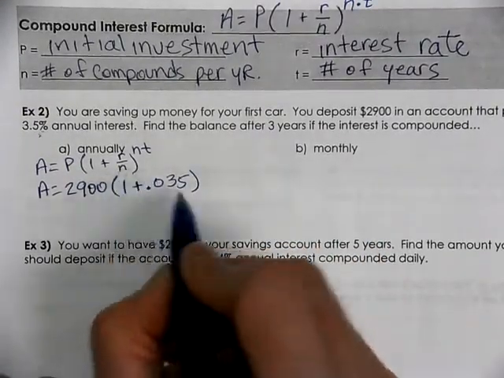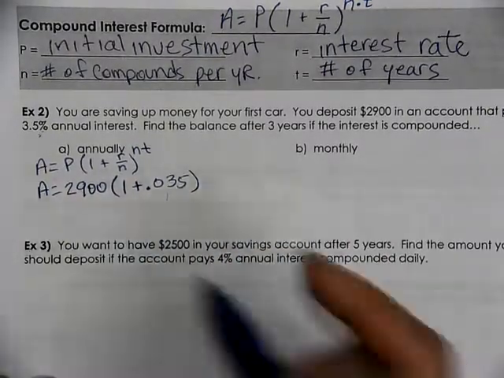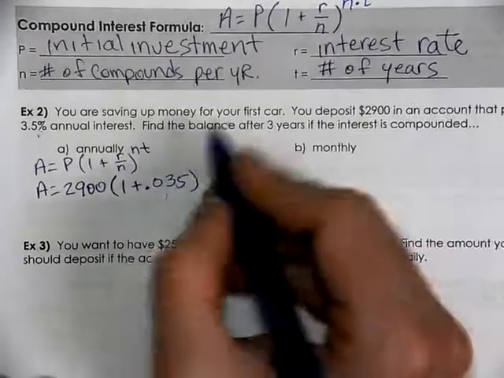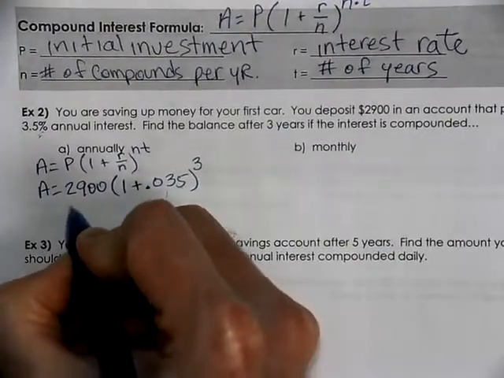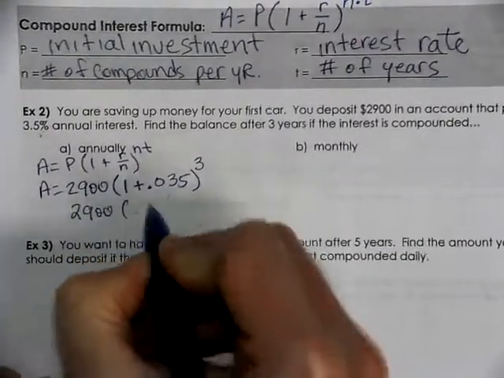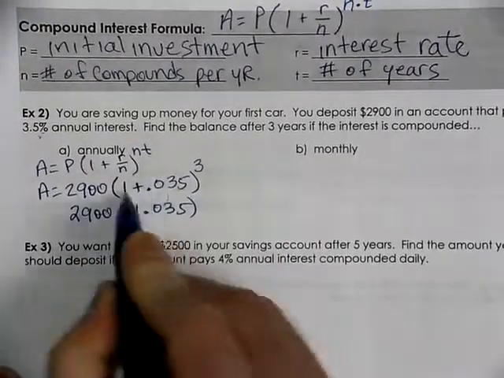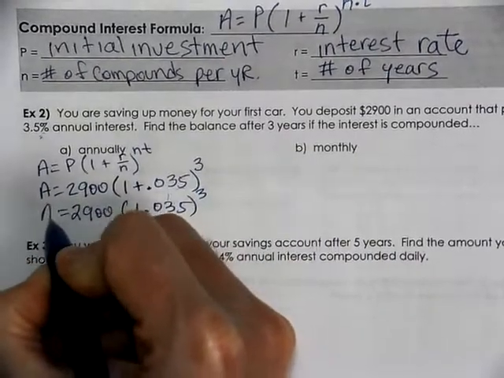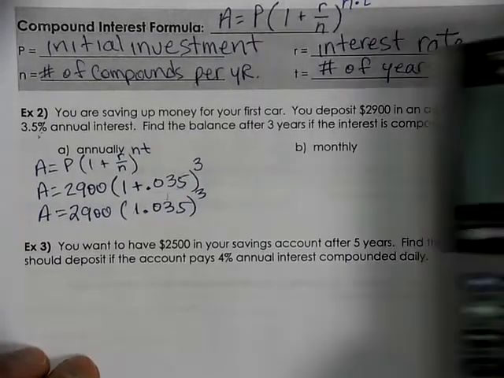If you want to think about our formula, it's over 1, but when you have a denominator of 1, we don't need to represent that. And 1 times your years is irrelevant, so it's just your years. 2,900, 1.035. We can combine those together now to the third power. That's our A value. That's how much is in our account.